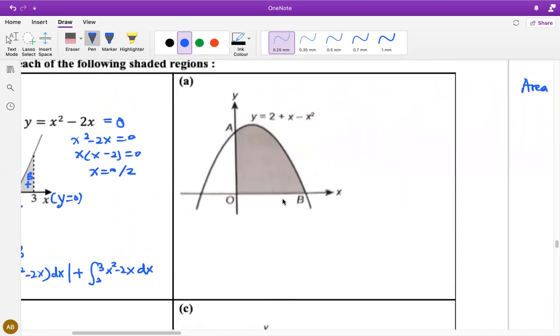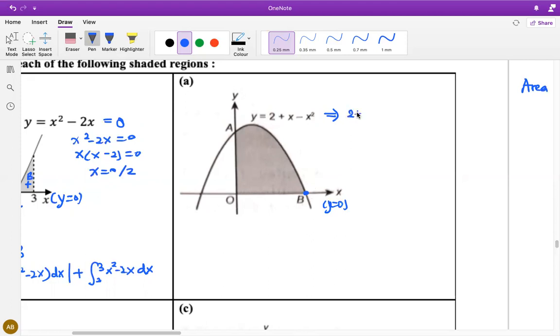For example, for A, again, I want to find the area of this red region, okay? The shaded region is bounded by the curve from 0 to B. So you need to find what is B. So what to do? We let y as 0. So remember y is 0.